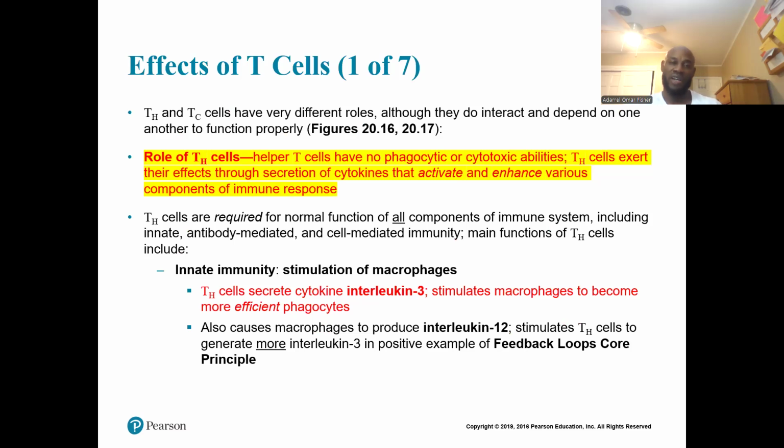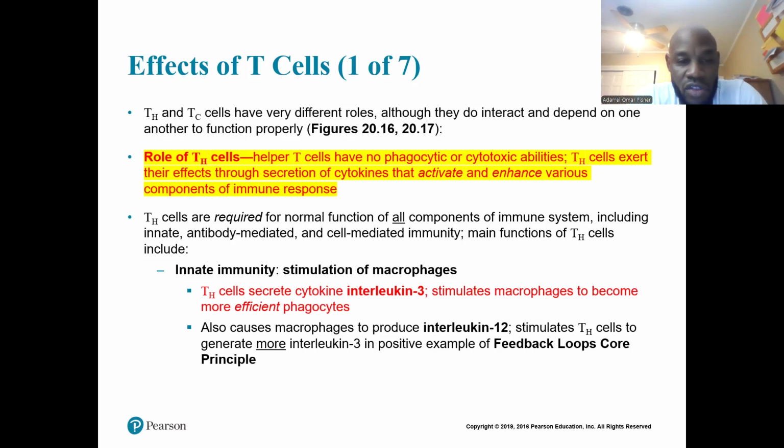What effects does the T cell have? Well, the helper T cells and the cytotoxic T cells have different roles. The helper T cells have no phagocytic or cytotoxic abilities. They exert their effects through the secretion of cytokines, which activate and enhance various components of the immune response.